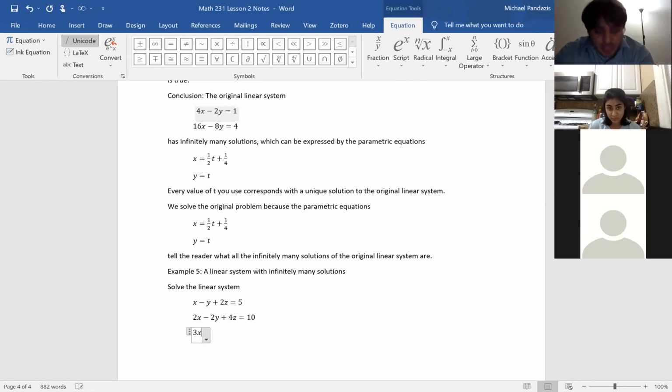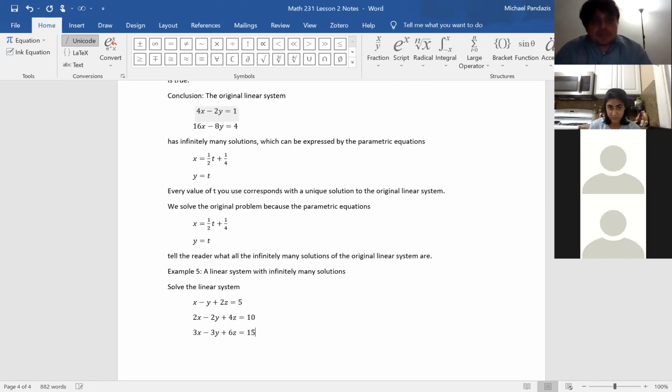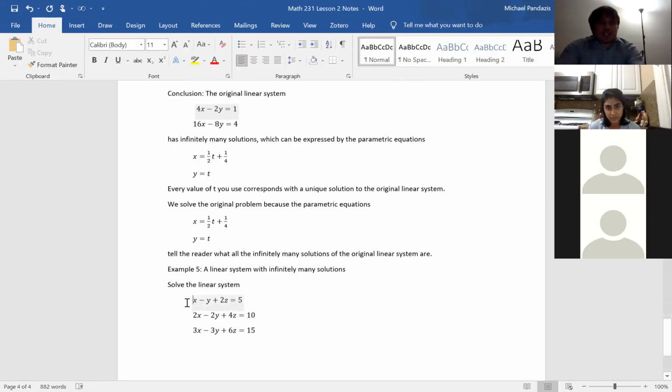And 3x minus 3y plus 6z is equal to 15. Okay, so you have this another linear system, and you want to solve it. So you want to find all of the infinitely many solutions. Well, you want to find all the solutions to it.